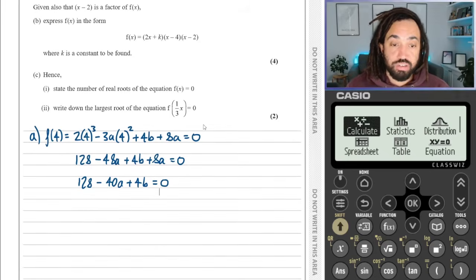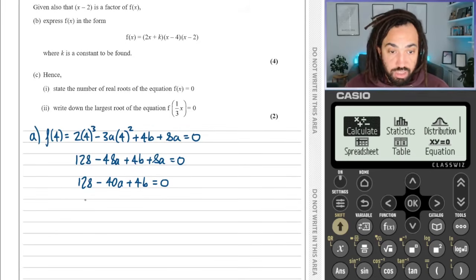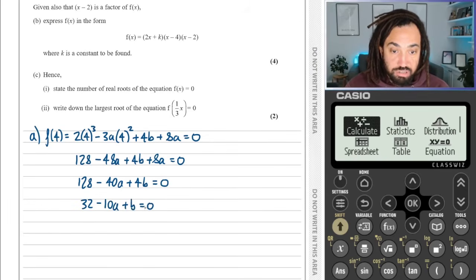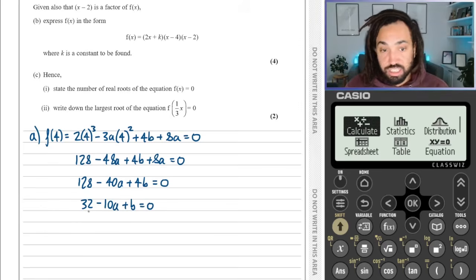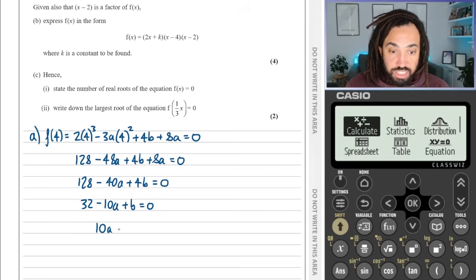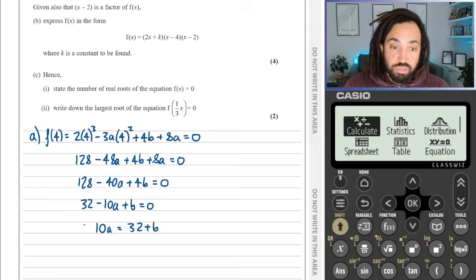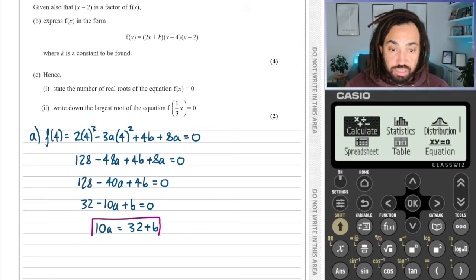So divide by 4 is going to give 32 minus 10a plus b equals 0, and then just move the 10a to that side, so that will be positive 10a, and then we'll be left with 32 plus b on the other side. So just moving that 10a to that side, and then just writing it the other way around. Okay, great.